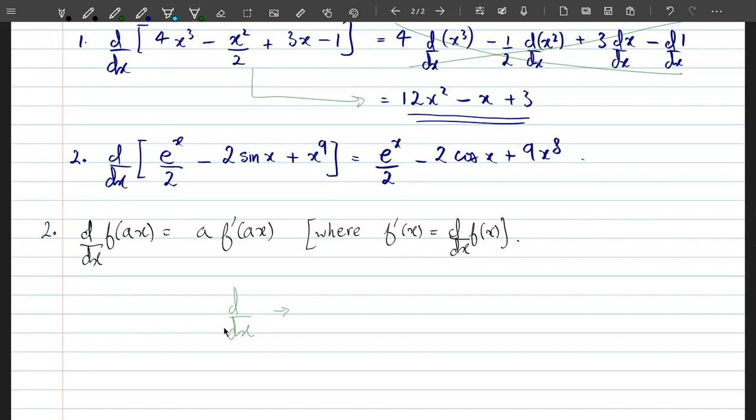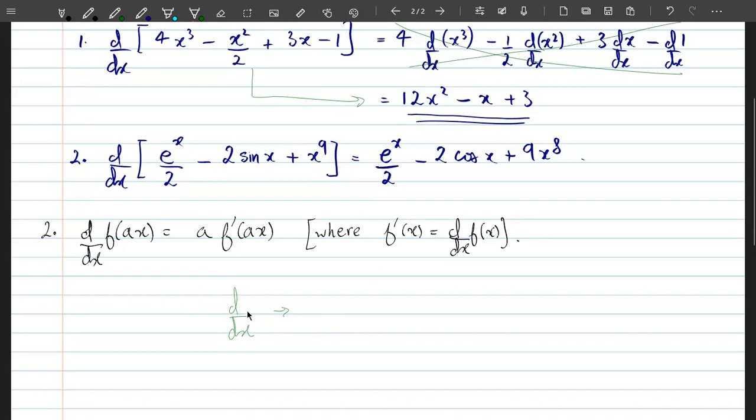A function itself is what? A rule that takes an input value and gives an output value, right? Similarly, an operator, you can think of it as a function of function. It takes a function as input and gives a function as output.